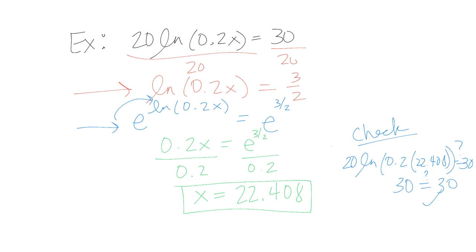Okay, so now we're going to look at what happens when you have a log on both sides. So for this one, we need a property. And this is kind of a property that you sort of know already.